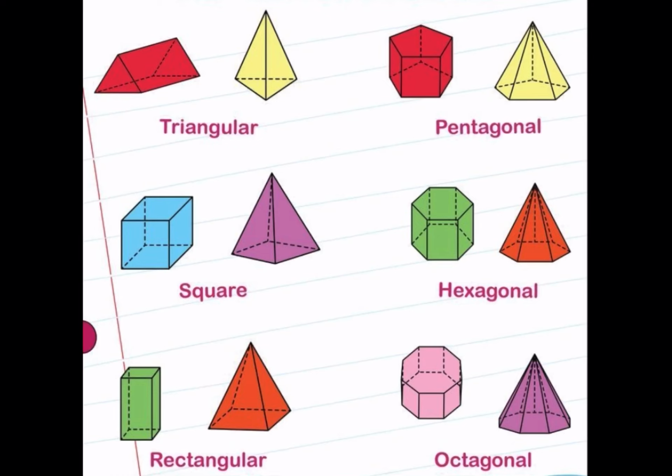So the difference between a prism and a pyramid is that one is like a tube with two flat ends, and we name the shape by the two flat ends. Pyramids have one flat base, which it derives its name from, but the sides are always triangles which come up to a point.